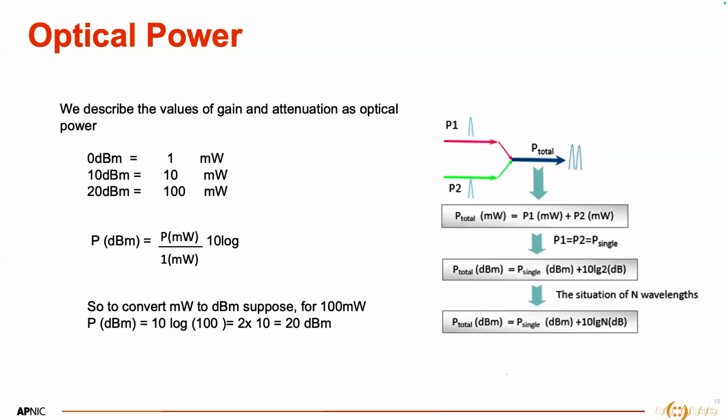For 10 lambdas, each lambda has its own power and they are supposed to be the same because they are transmitted from the same type of source, so they will have the same power at the beginning. So the single lambda power plus 10 base log 10 will be the total power for the multiplexed signal. You have to make sure of that.